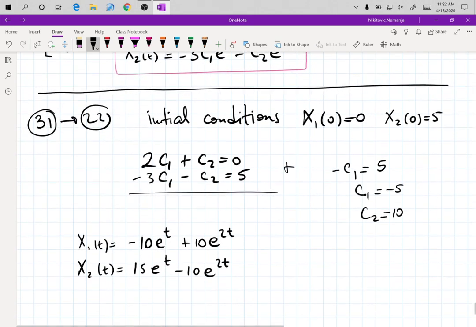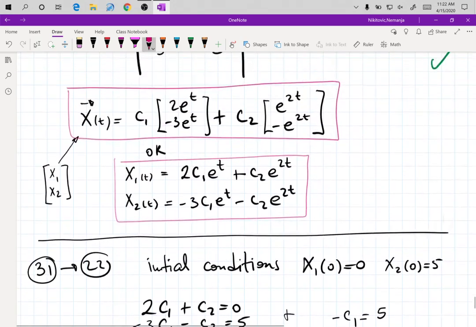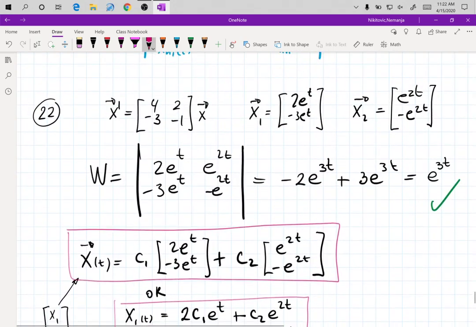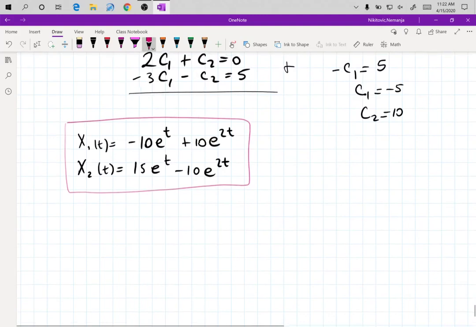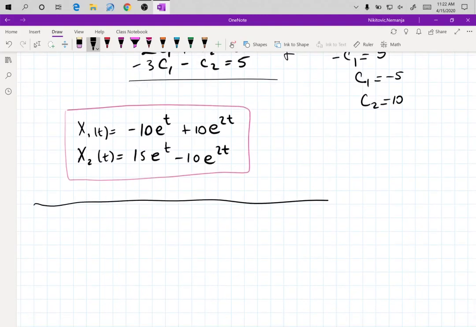So that will be the solution if you had initial conditions imposed on top of the differential equation. To get the general solution, you can also find the particular solution by figuring out these c's.